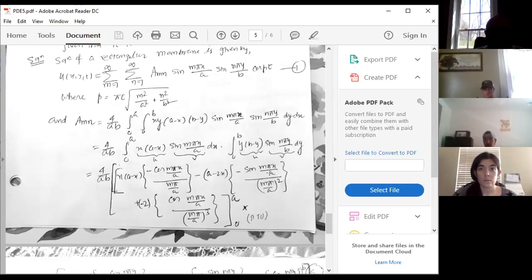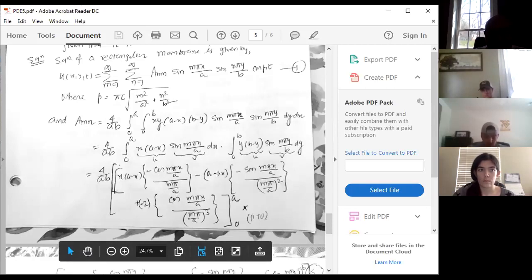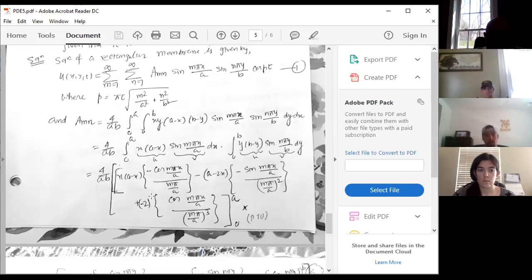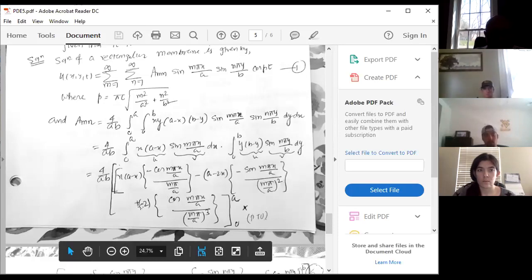And one more m pi by a again here, so square. Derivative of a is 0, signs are alternating, so now it is plus. Derivative of a minus 2x is negative 2, sine is cosine, and here it is cube. And my range is 0 to a, agree?